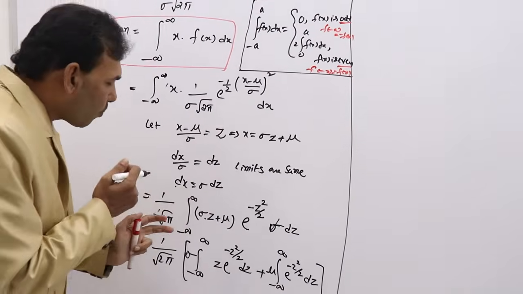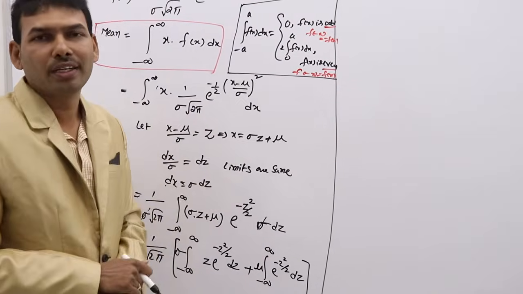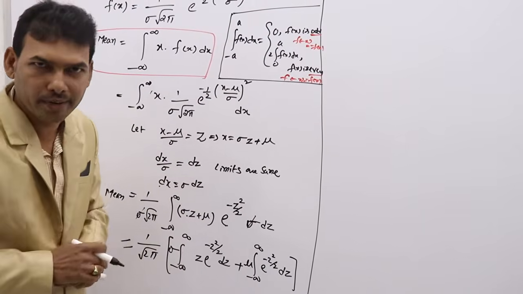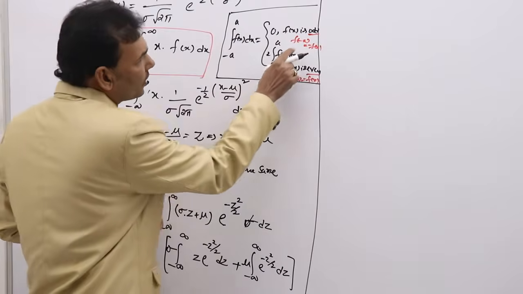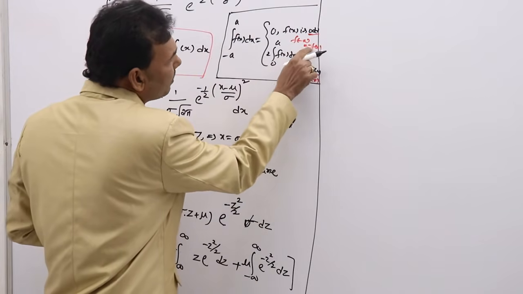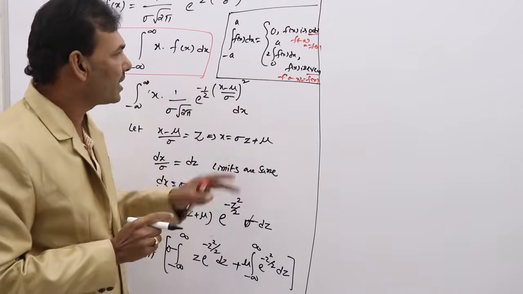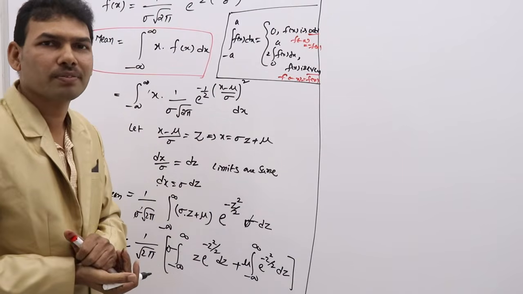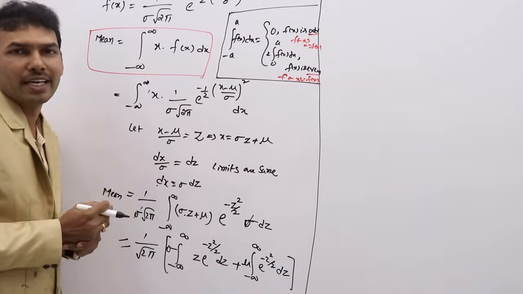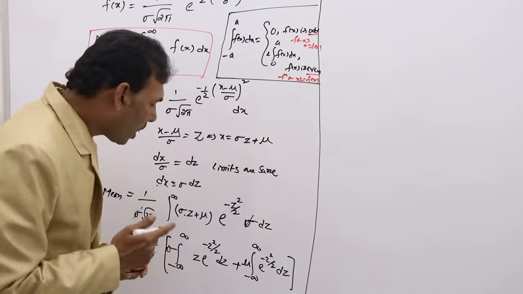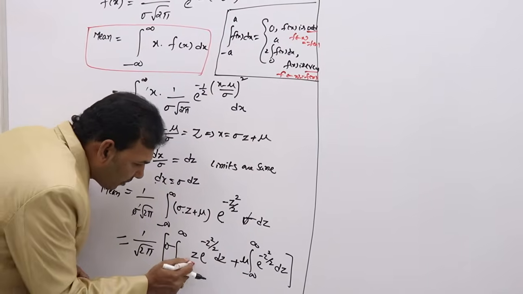Whenever an odd and an even function are in a product, to decide whether the product is even or odd, we can again use one small technique. For an odd function, f of minus x is minus f of x. For an even function, f of minus x is plus f of x. Keep this technique in your mind. If it is odd, I treat it with a minus sign.